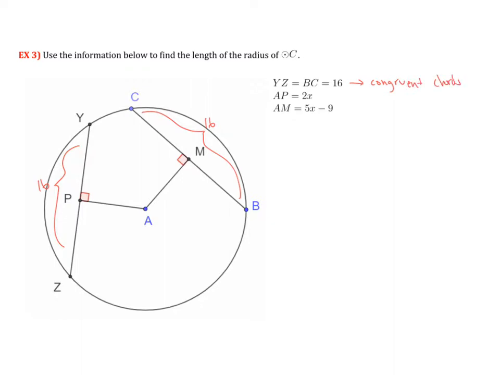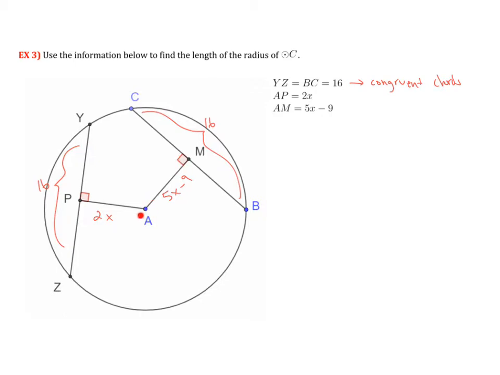Okay, so what they also tell us is that AP is 2x and AM is 5x minus 9. So let's go ahead and mark those down in the picture as well. AP is 2x and AM is 5x minus 9. Now, from the previous theorem, we have congruent chords and we have two segments, AP and AM, which are perpendicular to these chords.